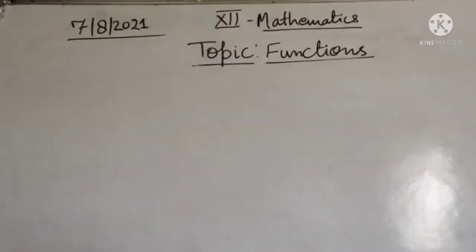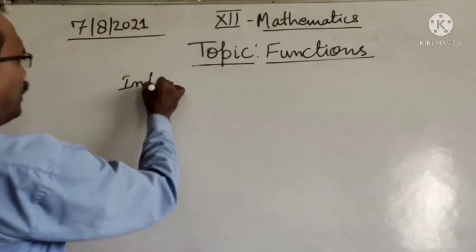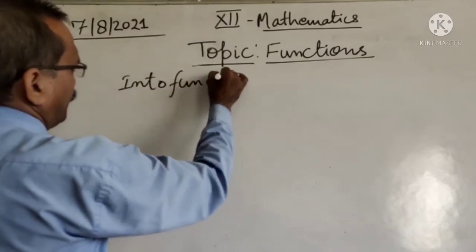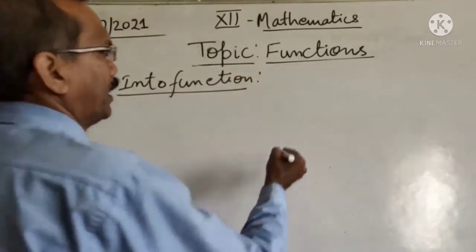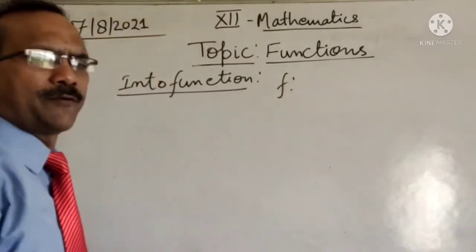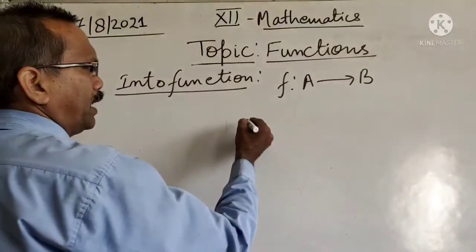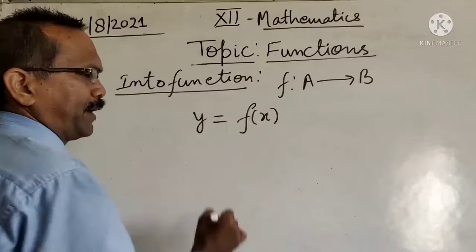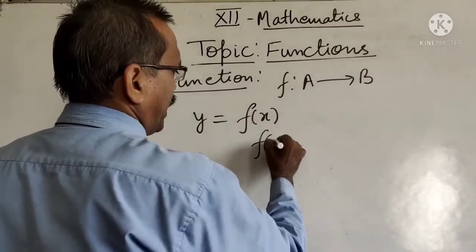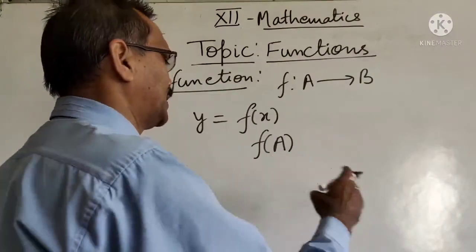Dear student, next is into function. Let there be a function from A to B and it is defined as y = f(x). So here f(A) is called the set of images.